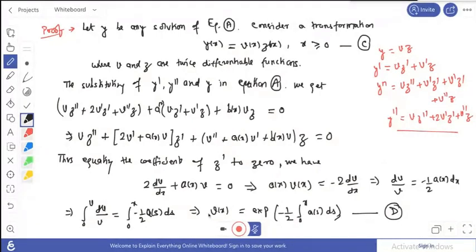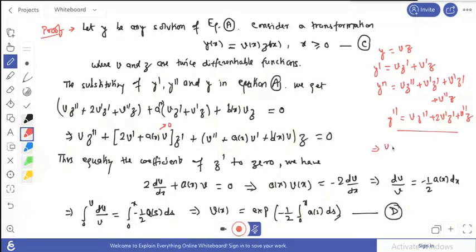So you find that if the z prime coefficient equals 0, then you have the solution v(x) equal to this. Therefore, in the equation for z, if you put this coefficient equal to 0, what is the solution here?